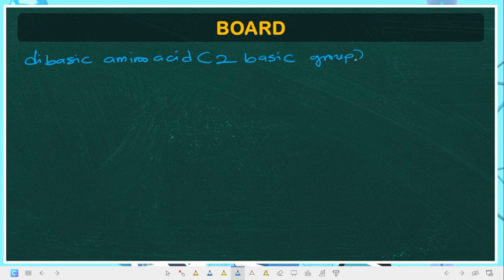In organic chemistry specifically, when you talk about a base, the group of compounds often referred to are the amines. When you talk about the basic group in organic chemistry, you're talking about the amine functional group.